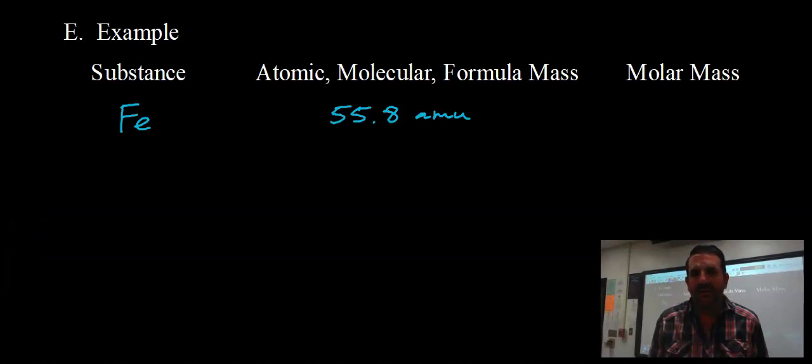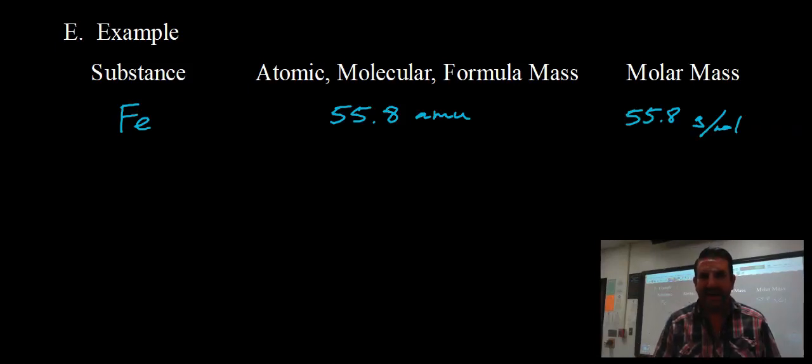So one iron atom has a mass of 55.8 AMU. What is the molar mass of iron? What is the mass in grams of not one iron atom, but 1 mole, 6.02 times 10 to the 23rd iron atoms? Go ahead and pause the video and write that number underneath molar mass. The molar mass of iron is 55.8 grams per mole.